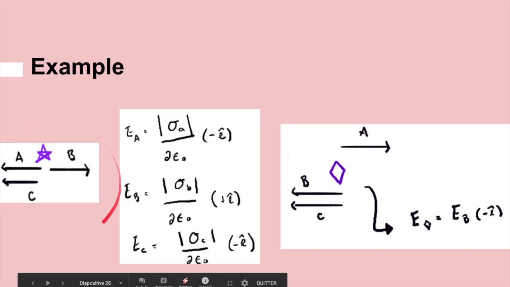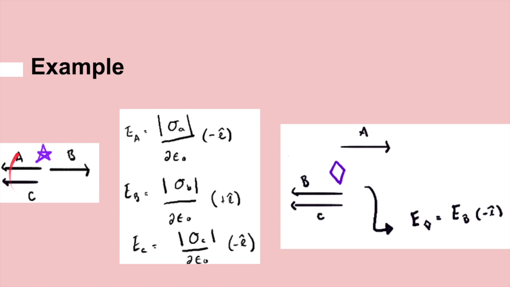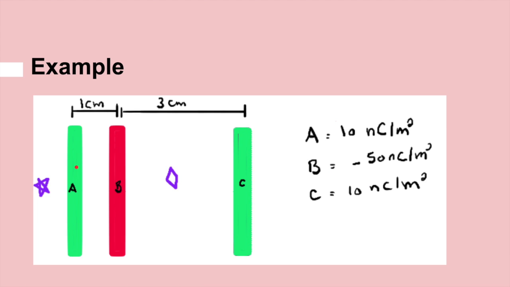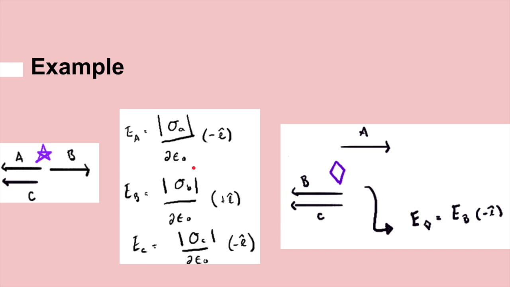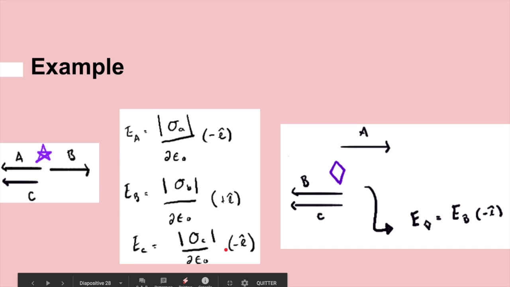Now to find out the total electric field being felt by the star, we're adding them all up together, so we have negative A plus negative C plus B. Now, it'd be really cool if you were to do this and take all of these values, so these are our sigmas, change them into coulombs, divide them by 2 epsilon naught, and then add them all up together, and that would be your resulting field.